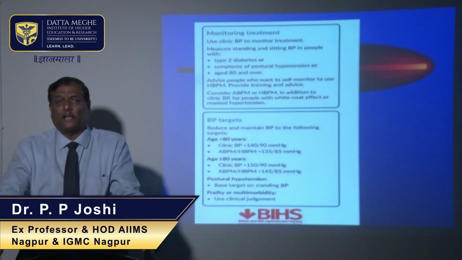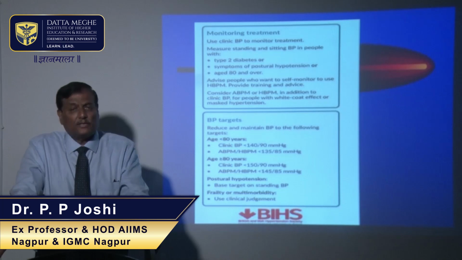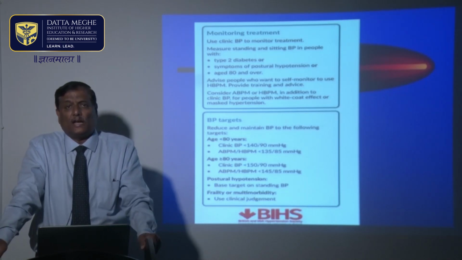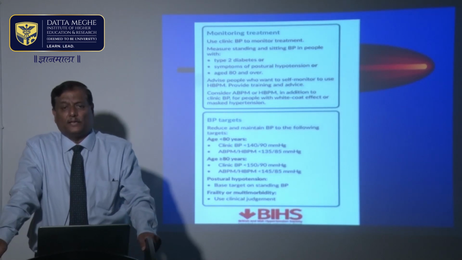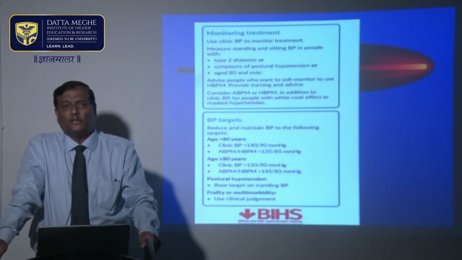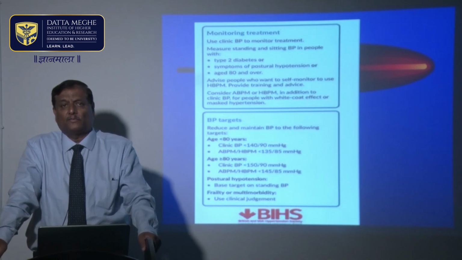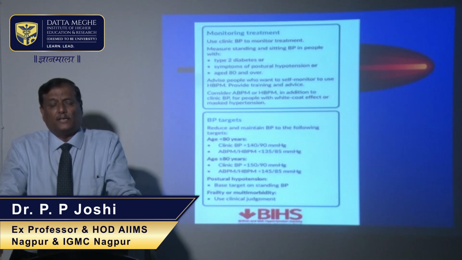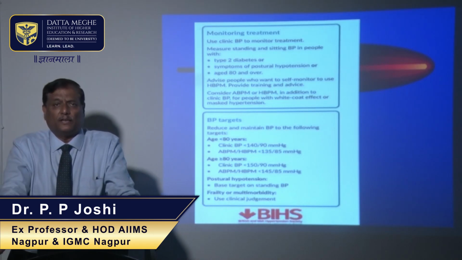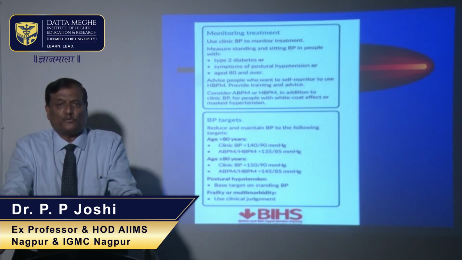Alpha blockers like prazosin are particularly useful in patients who have benign hypertrophy of prostate, and it has been shown to improve the urine flow because it relaxes the urinary sphincter muscles, and therefore it helps in improving the symptoms of benign hypertrophy of prostate.